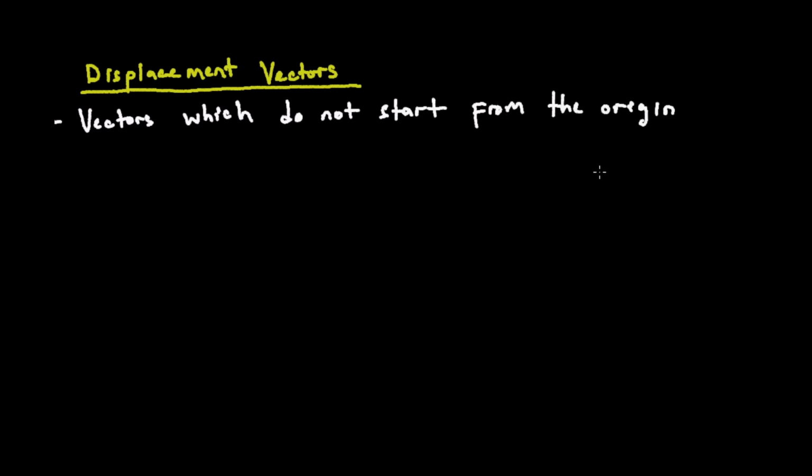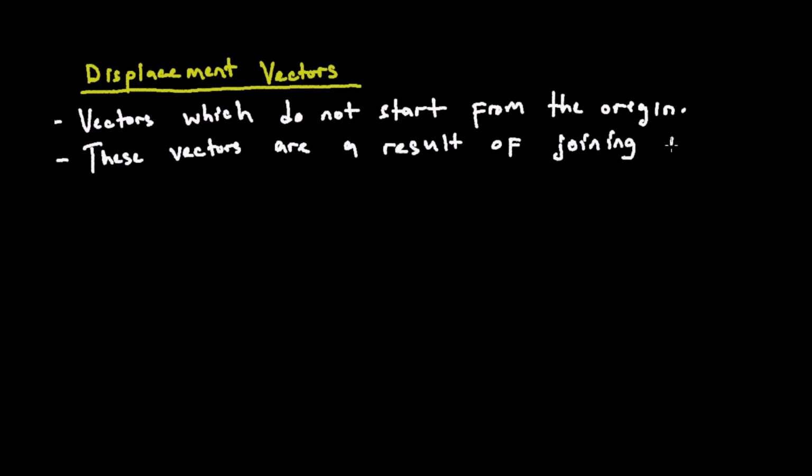What do we mean? They do not start from the origin. These vectors are a result of joining points in space.